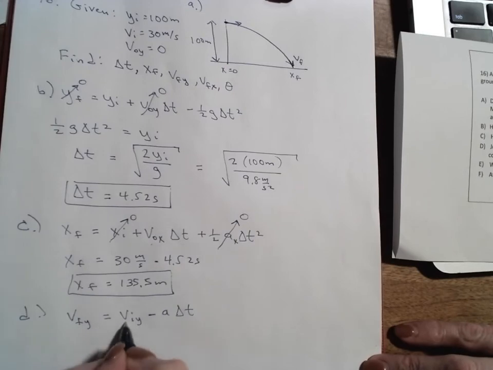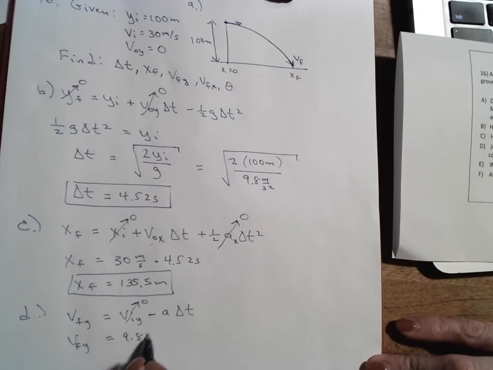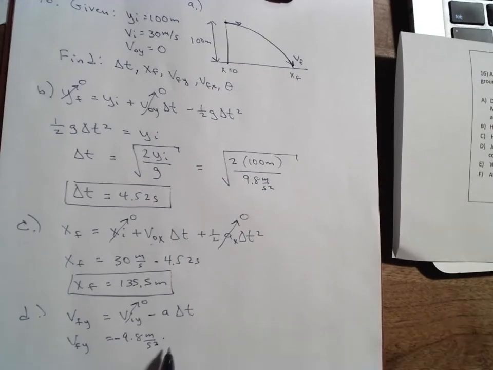My initial y is 0, so my v final in the y direction is equal to 9.8 meters per second squared times negative, don't forget my negative, times my delta t, which is 4.52 seconds. So v final y is equal to a negative 44.3 meters per second.